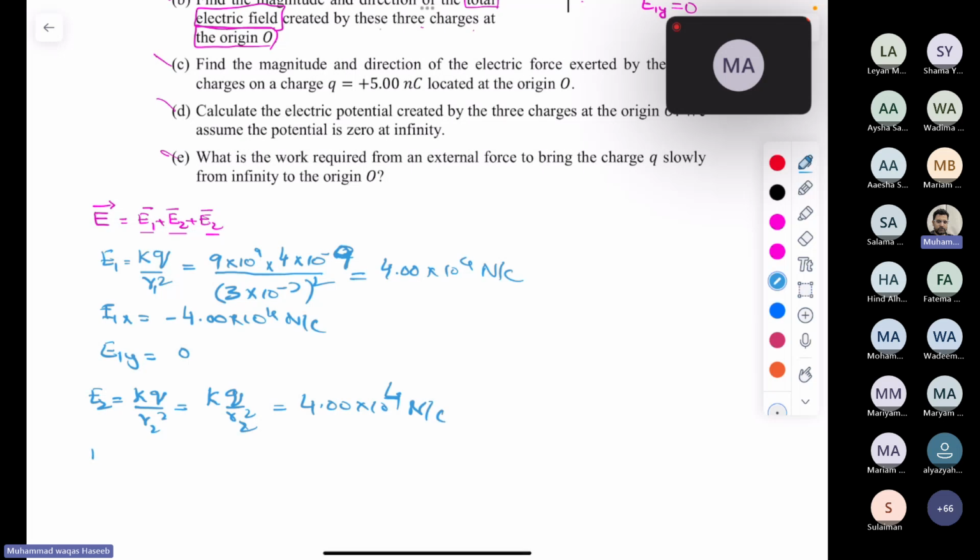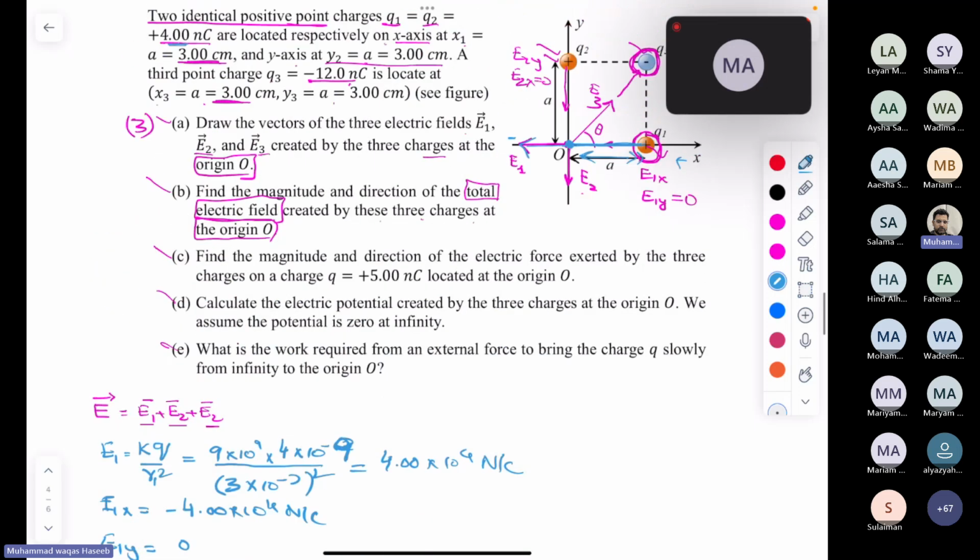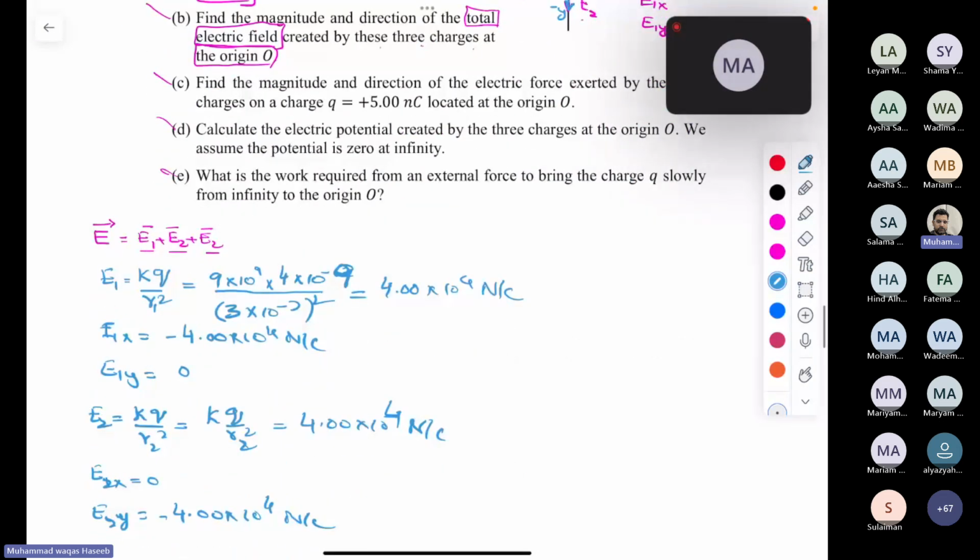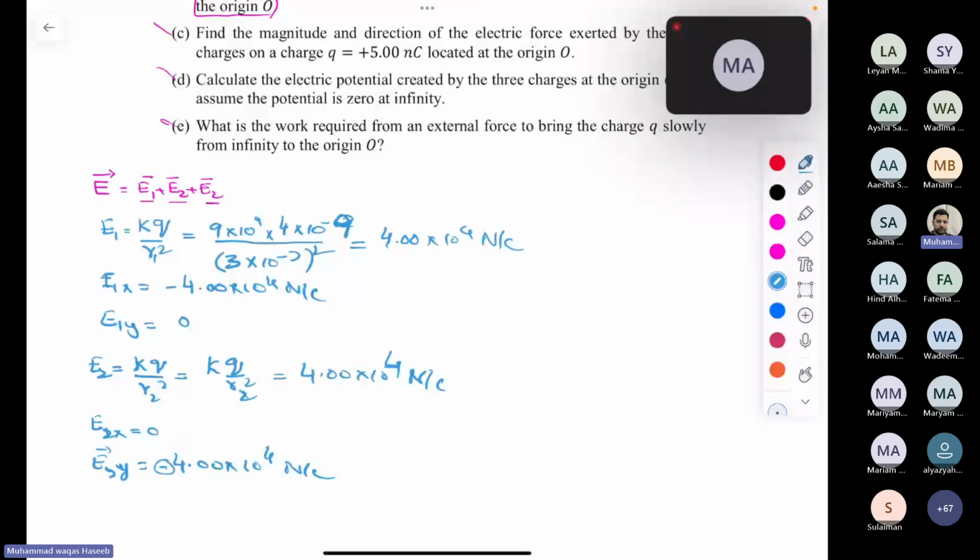This is the electric field for 2. And what is its x component? It is 0 and it's only in the y direction, which is negative 4, because if you see, this is your positive y and the electric field is in this direction. So this is negative y.